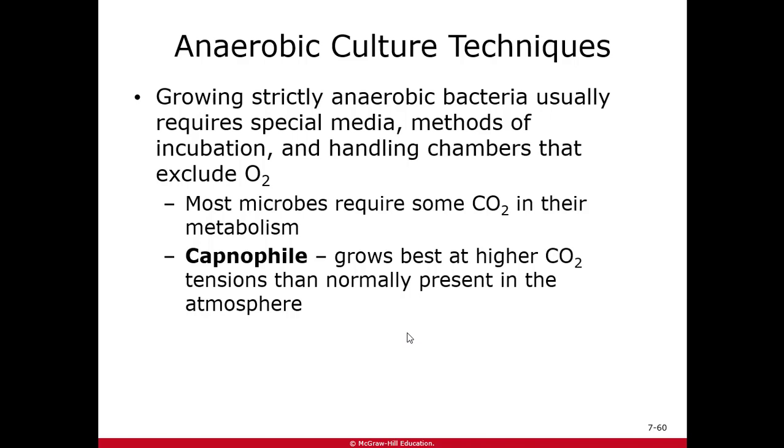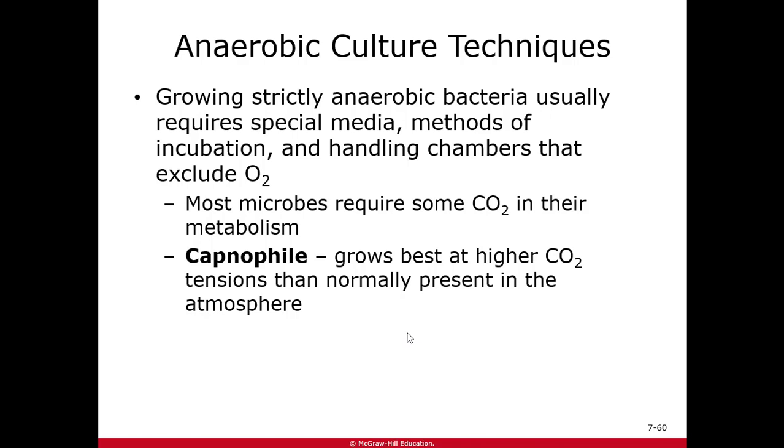Most microbes require some CO2 somewhere in their metabolism, and there's enough CO2 in the air. However, some organisms are called capnophilic, or capnophiles. Phile means it likes, and capno, not sure where it comes from, means carbon dioxide. They grow best if there are higher amounts of carbon dioxide, so in a lab, we would have to put them in an environment with higher carbon dioxide.